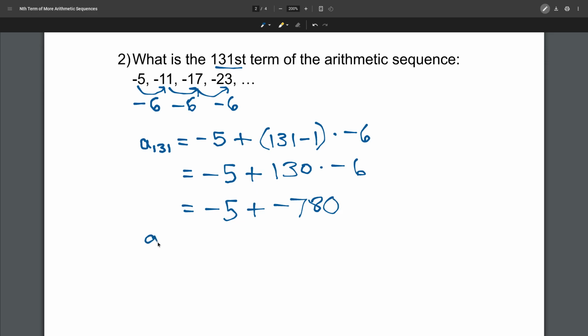So a sub 131 equals negative 5 plus negative 780, so negative 785.